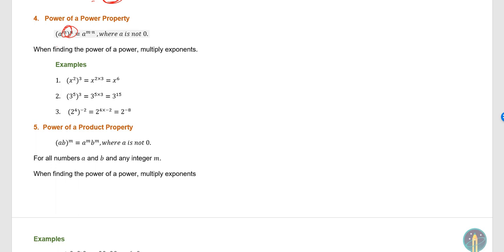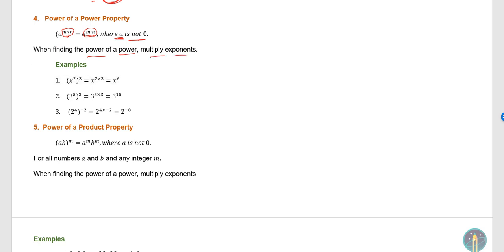We multiply m and n. So you get a to the m times n power. And again, a cannot be equal to 0. So when finding the power of a power, multiply the exponents.